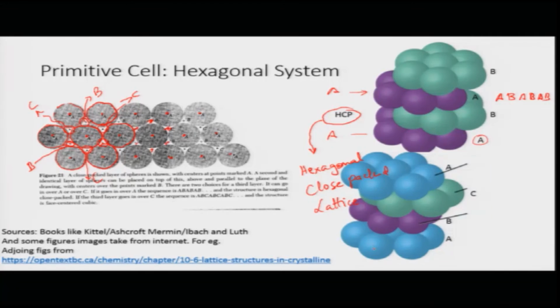Namely, these two are exactly on top of each other. The B layer is slightly displaced and the C layer is again displaced in another direction. So, I have stacking ABC, ABC, ABC.